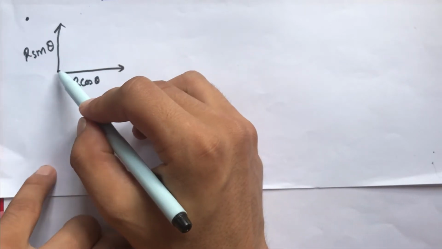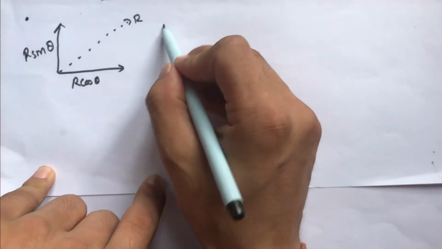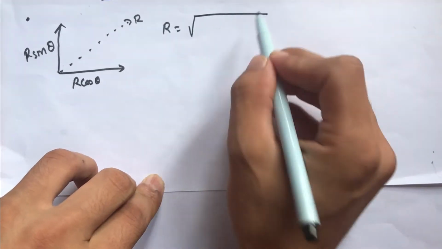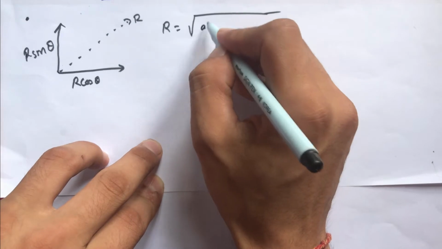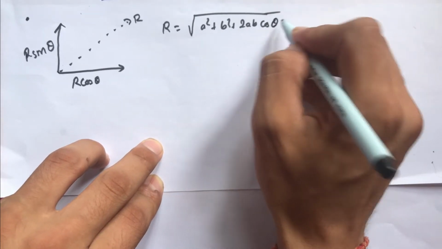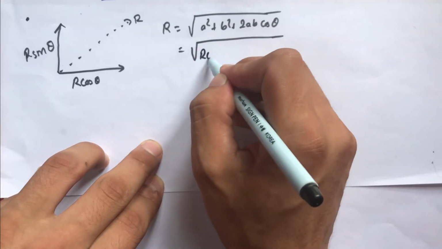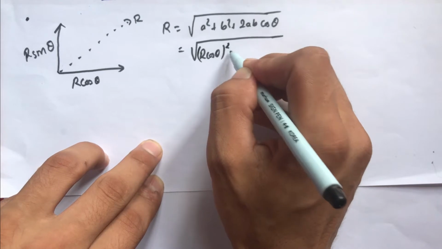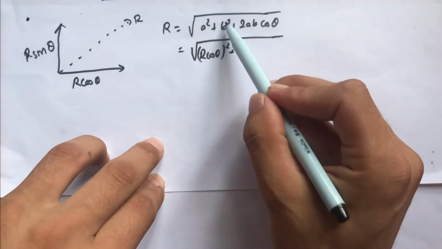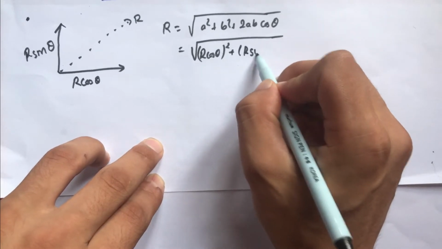I want to find the resultant of these two vectors, which would be in this direction. So for the resultant, we know the formula. The formula is square root of A squared plus B squared plus 2AB cos of theta. A is the magnitude of the first vector, which is R cos theta here. B is the magnitude of the second vector, which is R sin theta in this case.